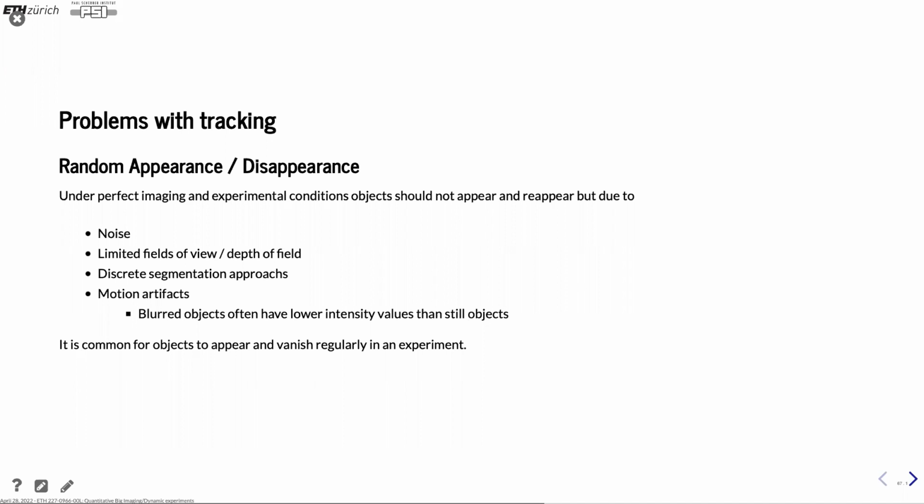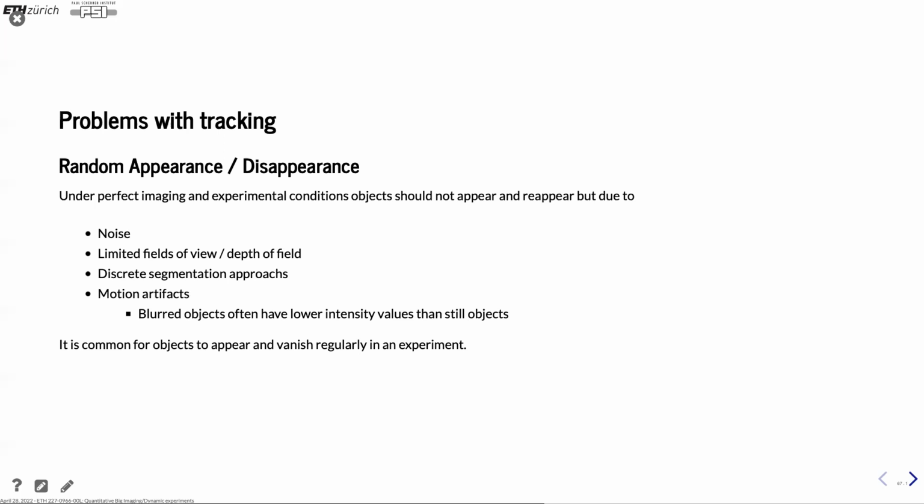But there are also other problems. Due to the noise, you may not do the same segmentation of the objects every time. Also, now we have only looked at well-behaving objects. It could also be that the objects are splitting or merging, and then the question is how you should track those objects. That's not always obvious, so you have to find strategies to handle that.